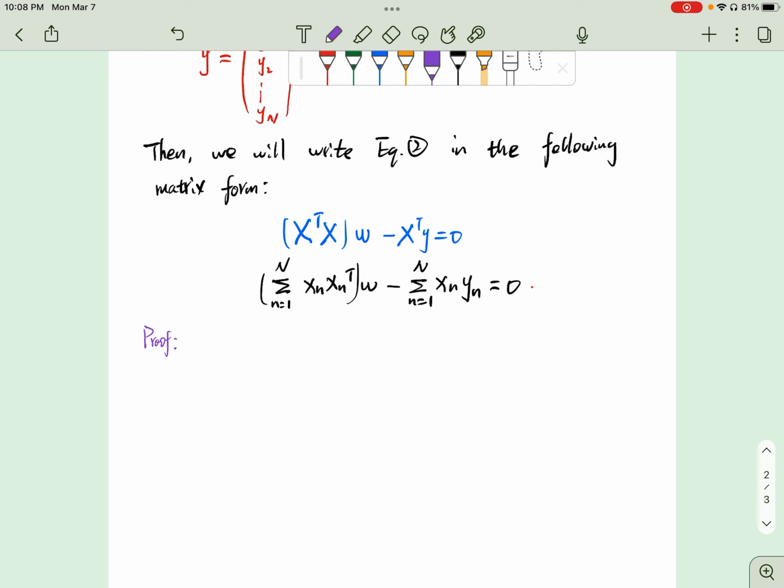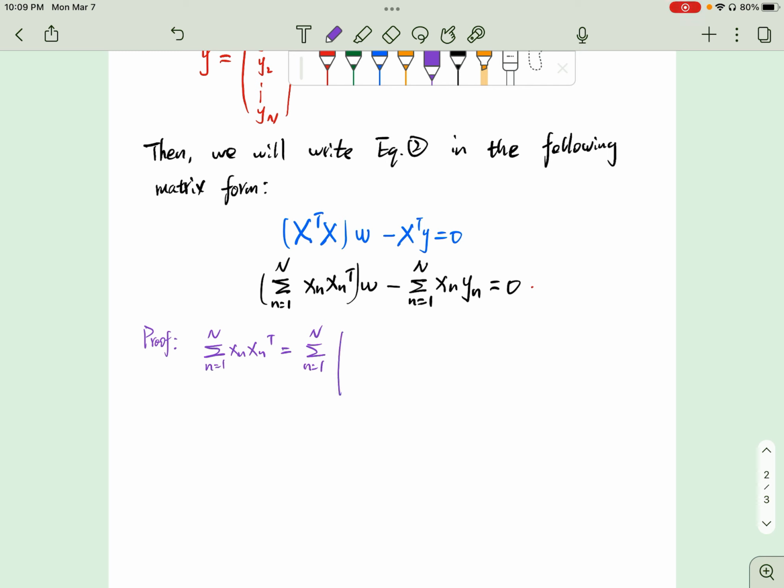So we can write this one first to see what it is. I will have this summation here. We have said that xn is just the feature vector.